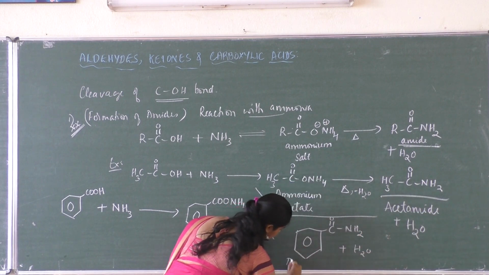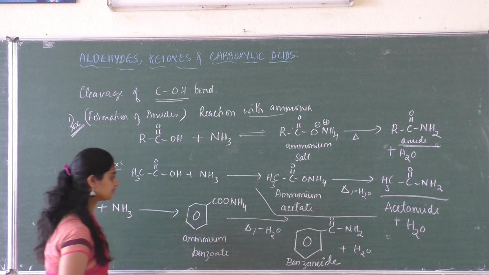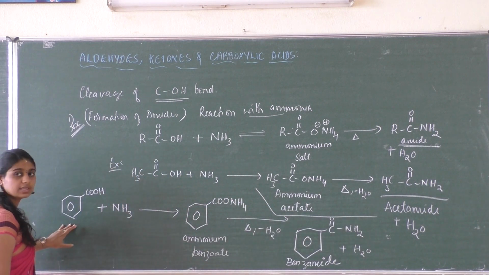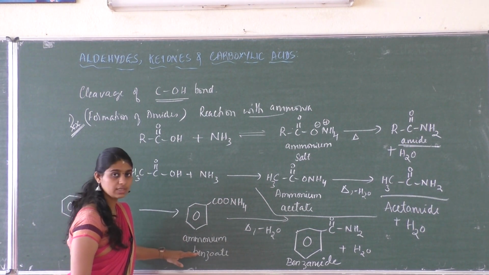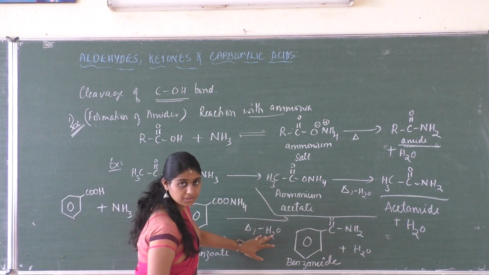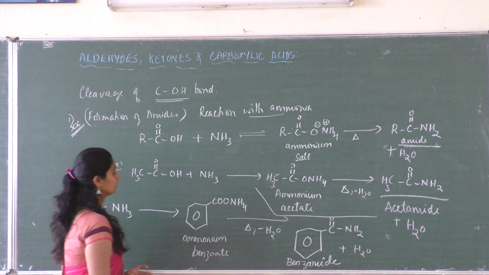So this is benzamide. Benzoic acid, when it is reacted with ammonia, gives ammonium benzoate, which on further heating, dehydration occurs so as to form benzamide as the final product.